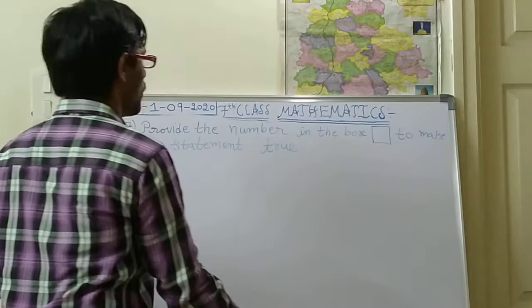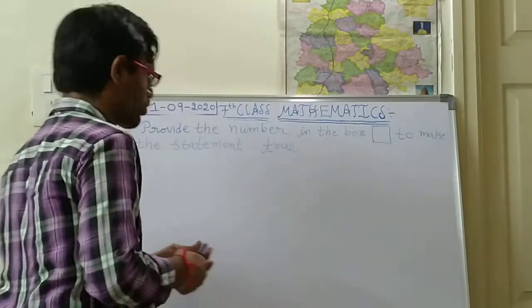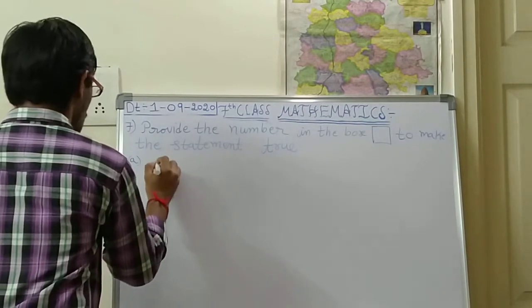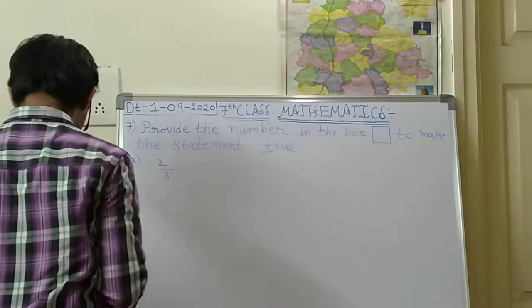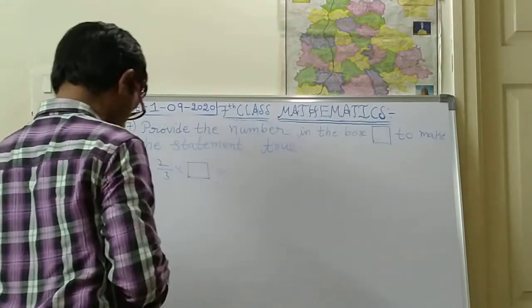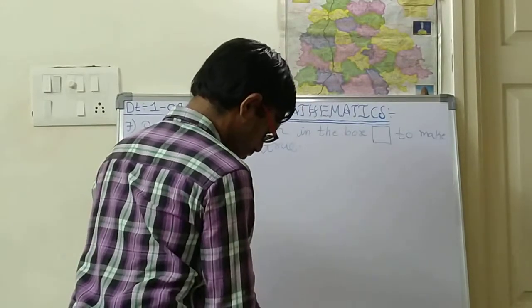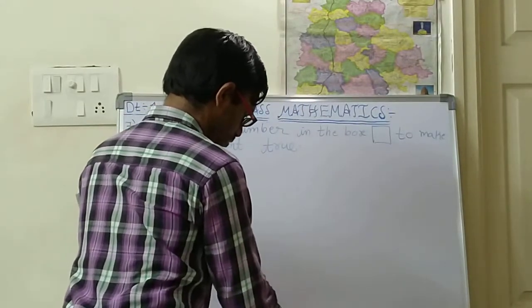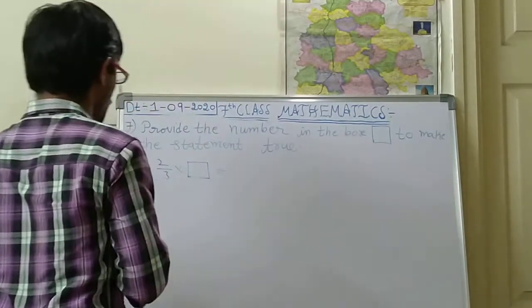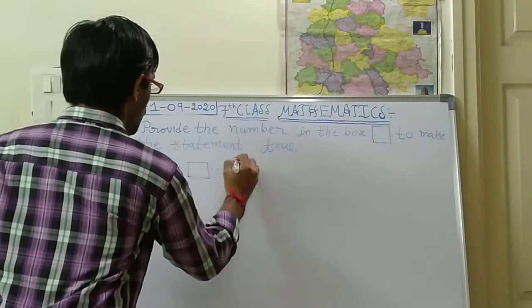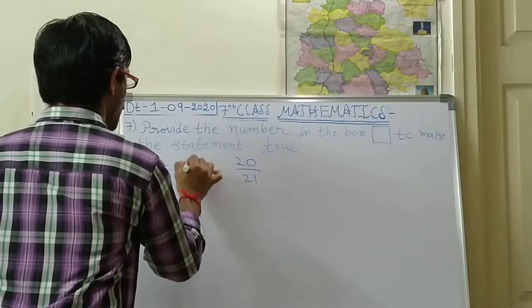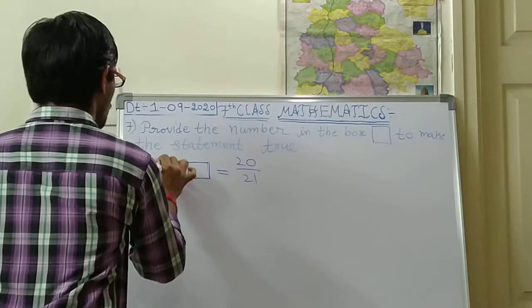So what type of number you are supposed to take and you have to do. So first one, 2 by 3 into box is equal to 20 by 21. 2 by 3 into box is equal to 20 by 21.